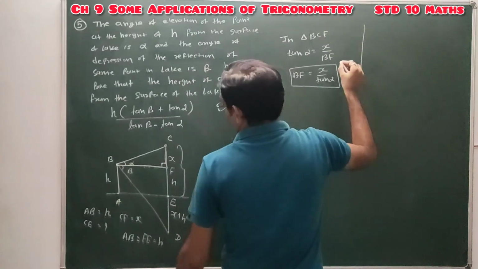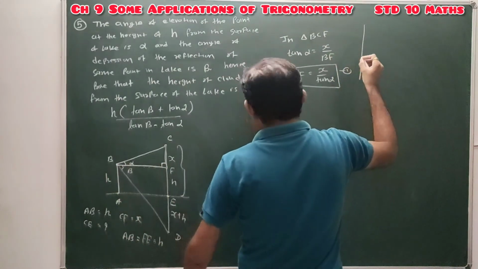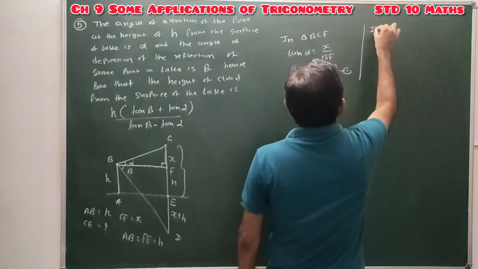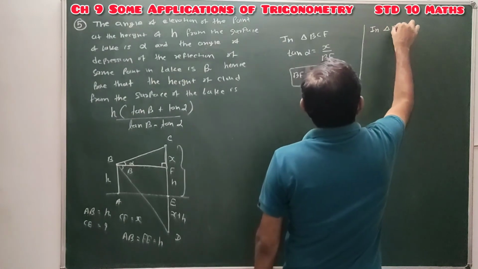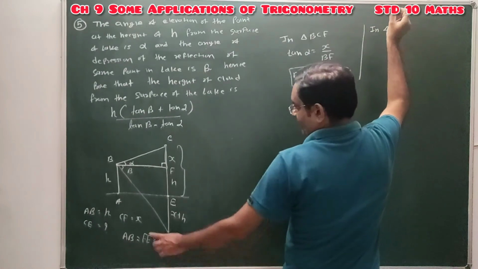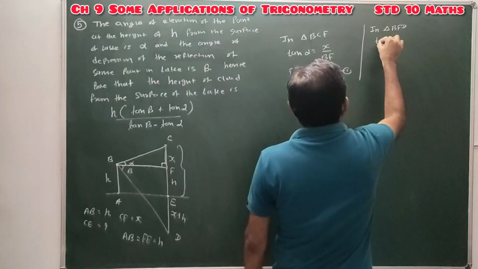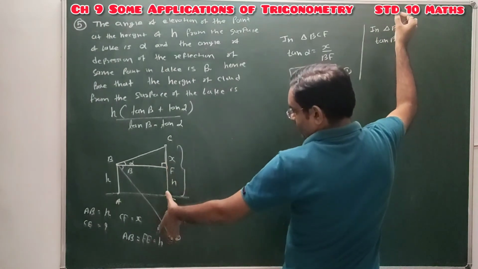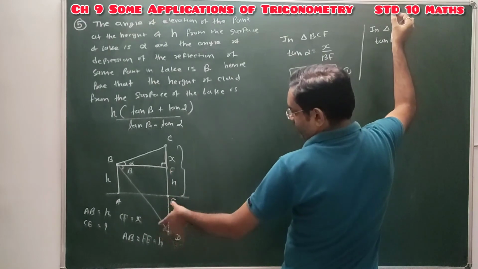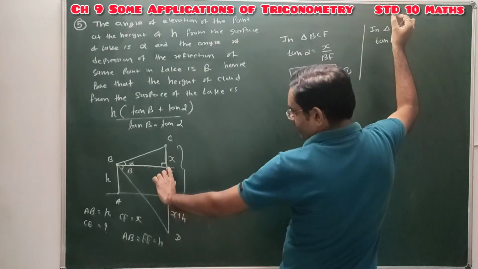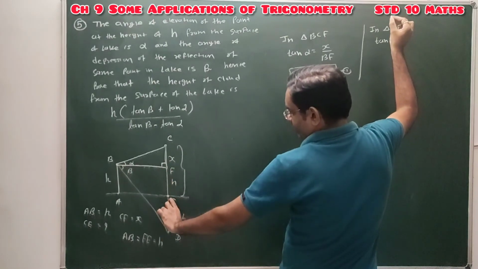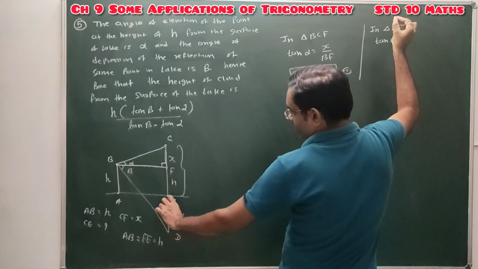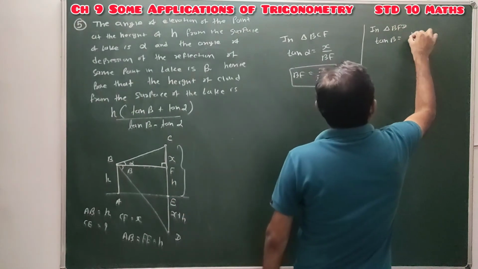Now consider the second triangle, that is triangle BFD. In triangle BFD, tan beta is equal to this length FD upon BF. What is FD? FD is h plus x plus h, that is 2h plus x.